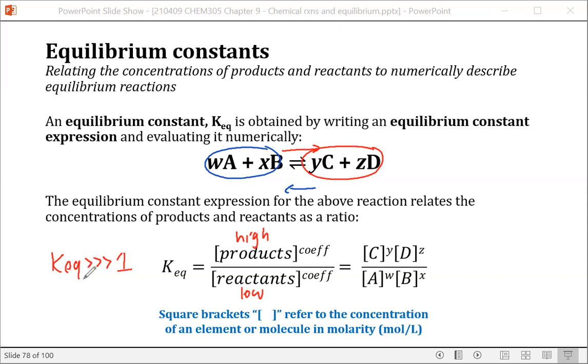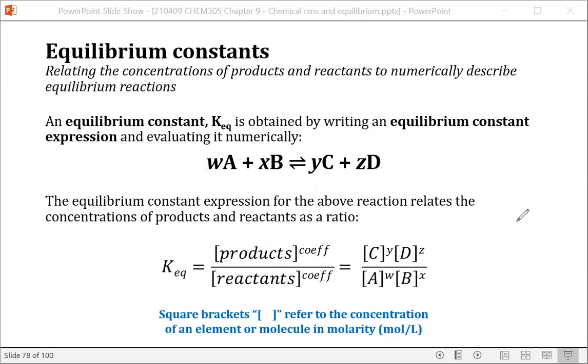And if KEQ is significantly less than 1, it's the opposite. It means that you had a lot of reactants, their concentration was very high compared to products, and so the reverse reaction was favored. So computing KEQ can give you an idea of, with a chemical reaction once it's reached equilibrium, do you expect to make a lot of product, or are most of your reactants going to stay as reactants?